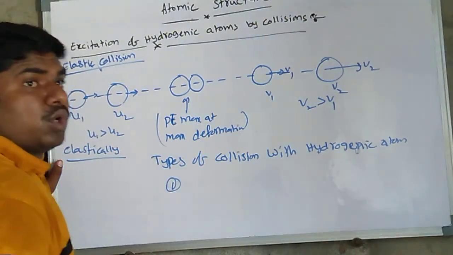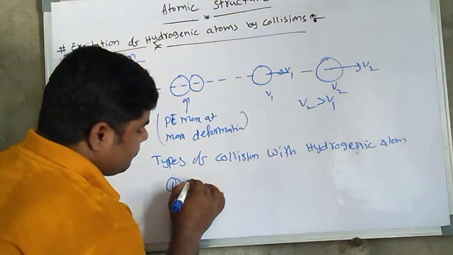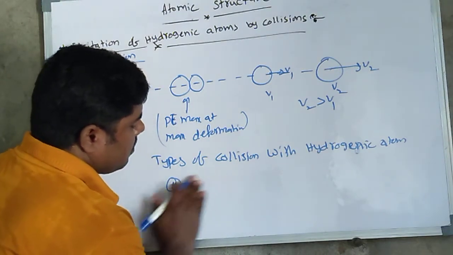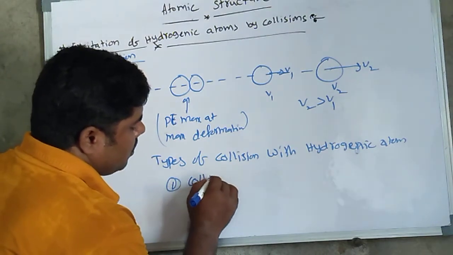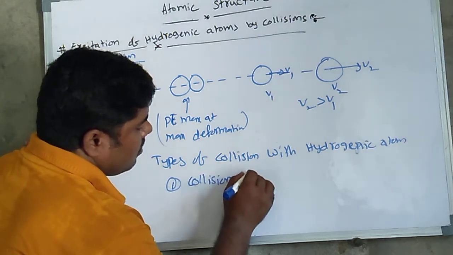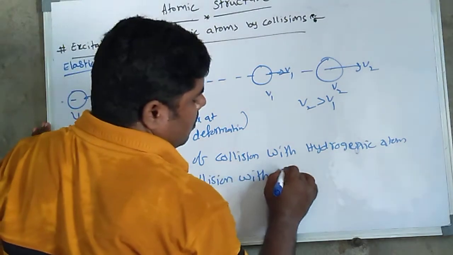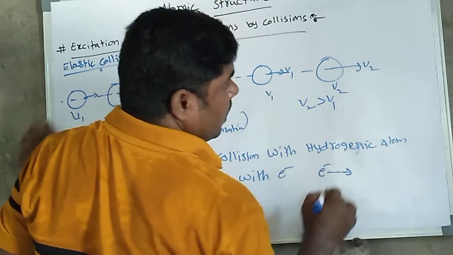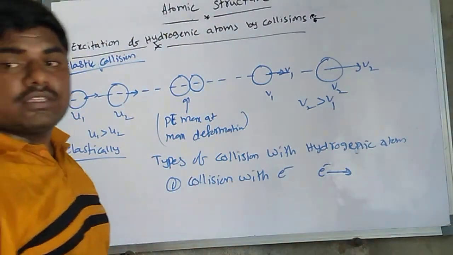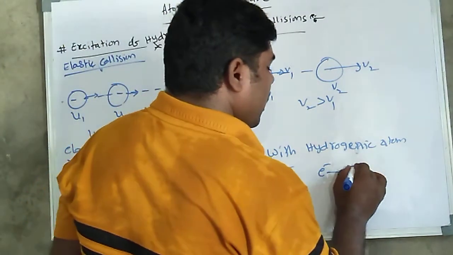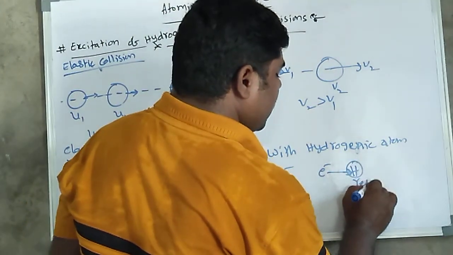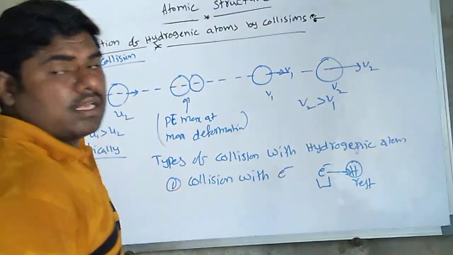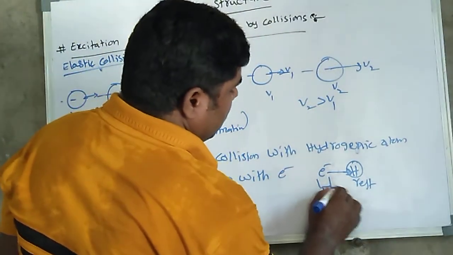The very first one is collision with electron. It means an electron collides with an atom, like a hydrogen atom. This is the atom at rest case, and here is the kinetic energy.